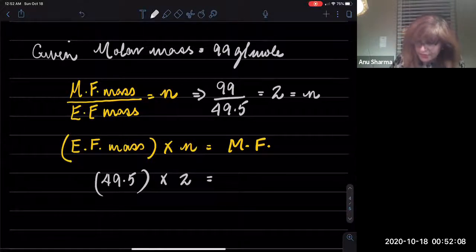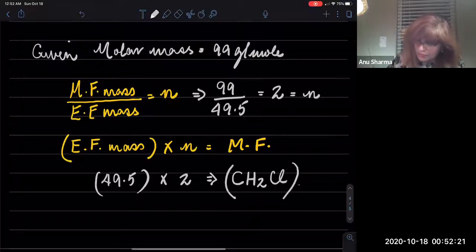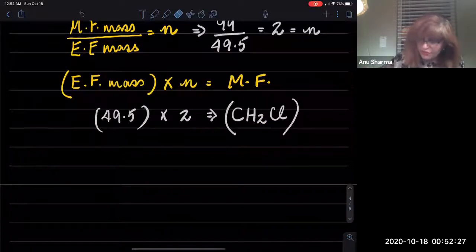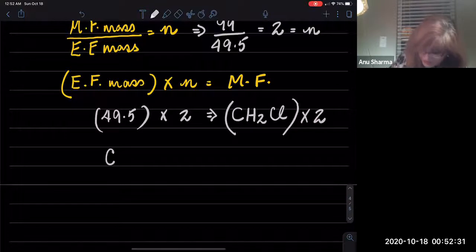In reality, this means CH2Cl times 2, which is C2H4Cl2.